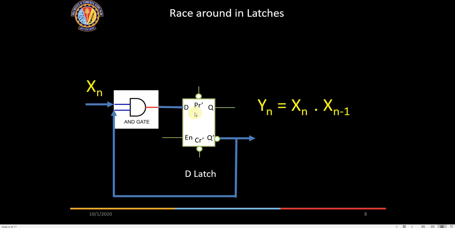And that is getting multiplied by xn. No. So you have an old data available, and the fresh data which is coming in. yn minus 1 is available here, which is the same as xn minus 1.